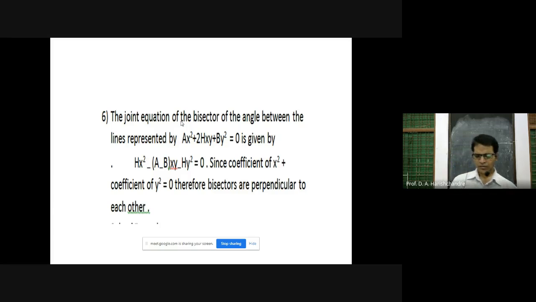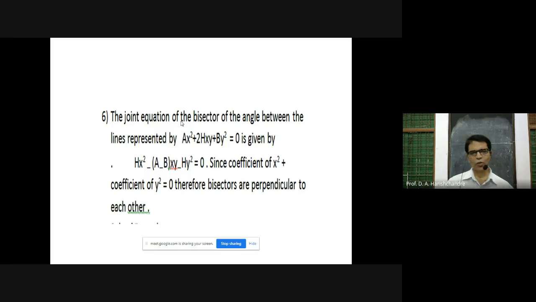Sometimes a question may be asked in CET or JEE, and if you use this ready-made formula, it will reduce your working time and you can select the correct option quickly. So this is the formula for obtaining the joint equation of the bisectors of the angle between the lines.